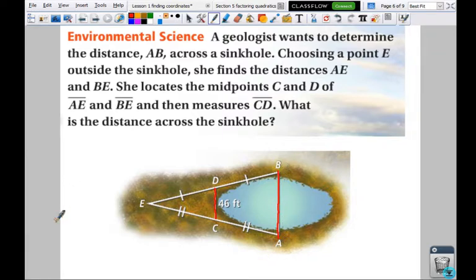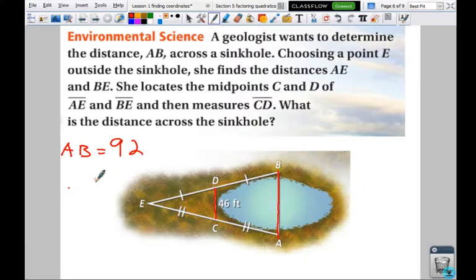So if we're going to find AB, is AB the little one or the big one? The big one. Yep. And so it's going to equal what? 46 times 2, which is 92. Oh, 92.